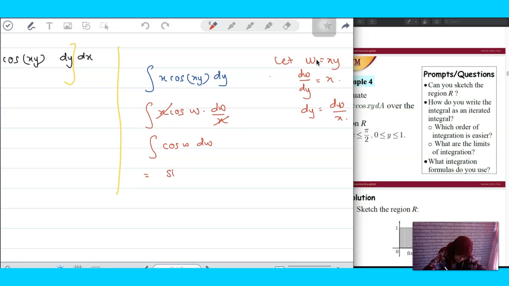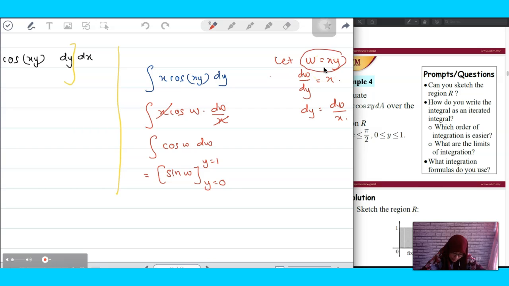You will get sin w, and then you put the limit, but your limit belongs to y, which is 0 to 1. But the variable that you have is w. So you have to find w for this specific y using this one.